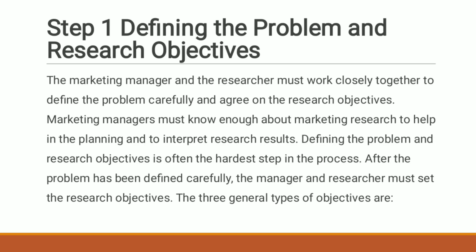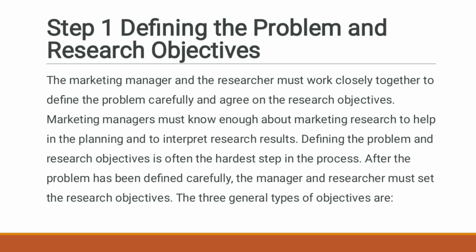Defining the problem and research objective. The marketing manager and the researcher must work closely together to define the problem carefully and agree on the research objectives. The marketing manager must know enough about marketing research to help in the planning and to interpret research results. Defining the problem and the research objective is often the hardest step in the process.